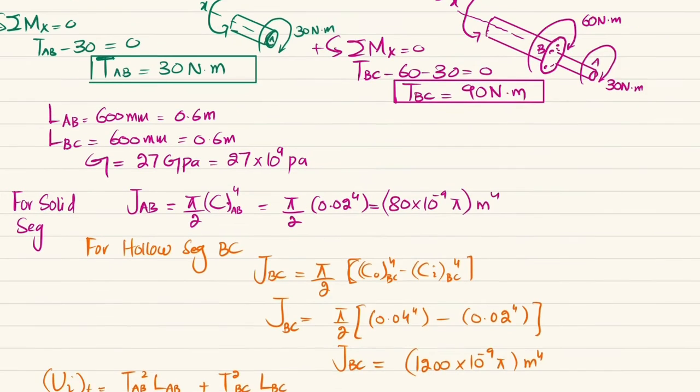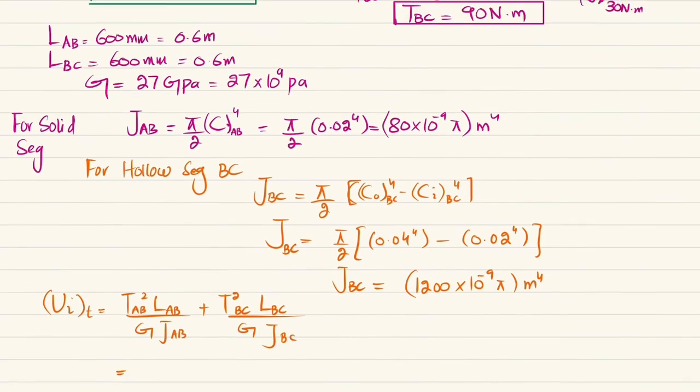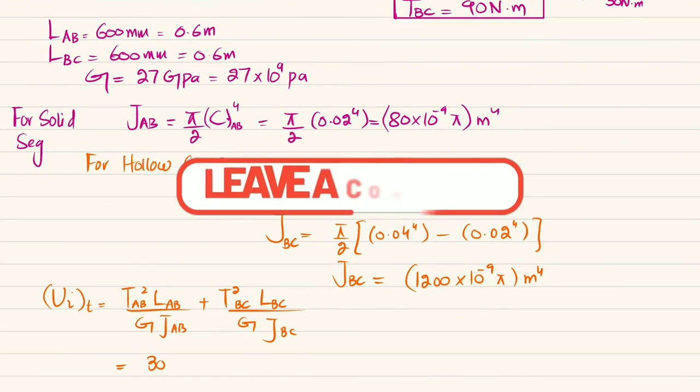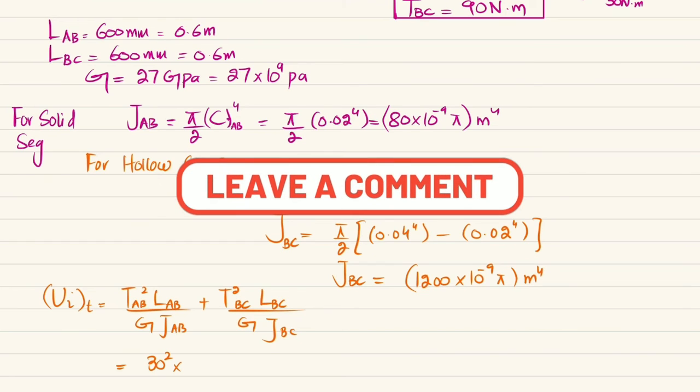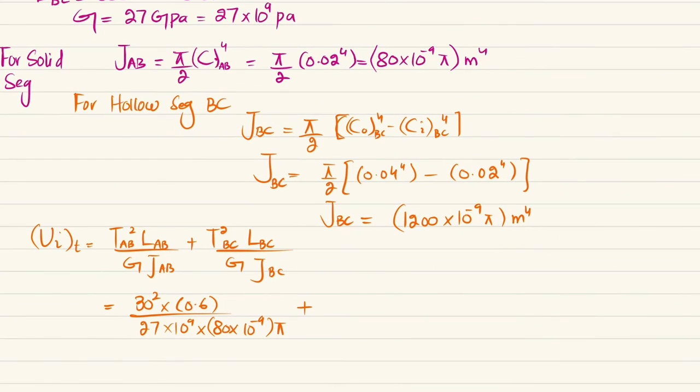So put the value. TAB is 30 Newton meter. So 30 square into length 0.6 divided by G, 27 gigapascal, and J, 80 into 10 raised to the power minus 9 times pi, plus TBC, which you can see is 90.